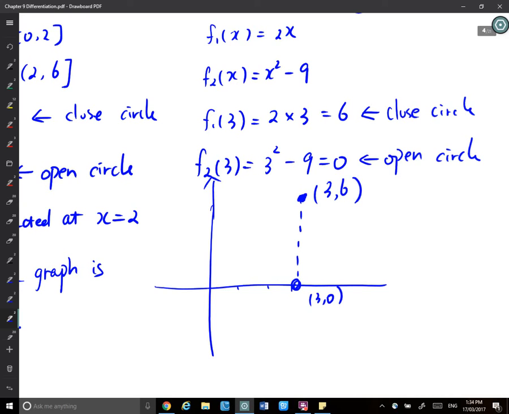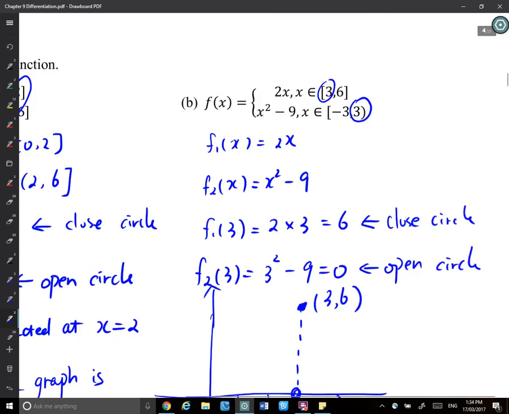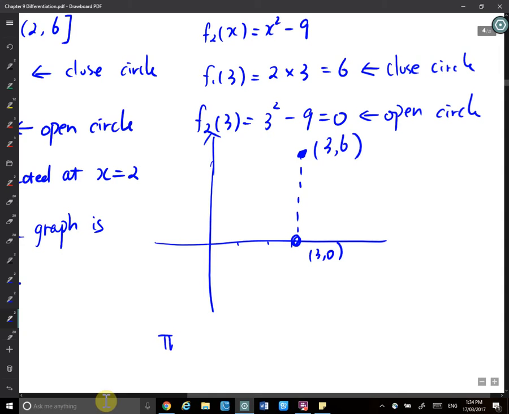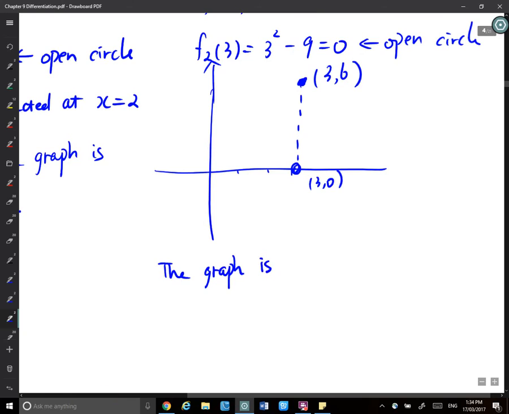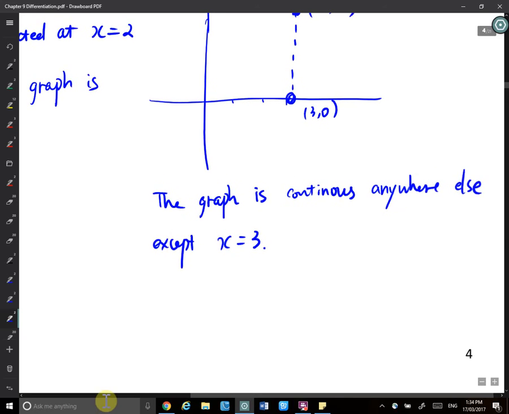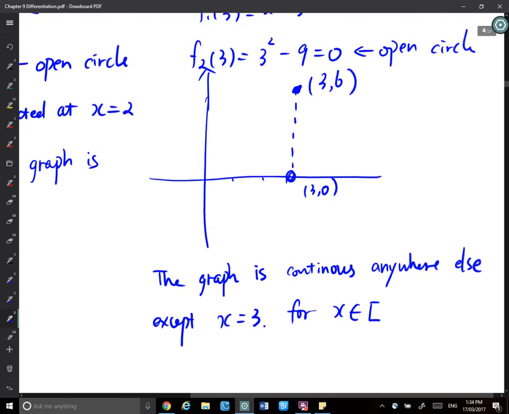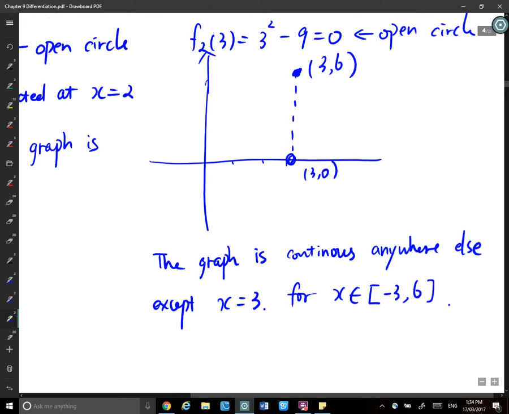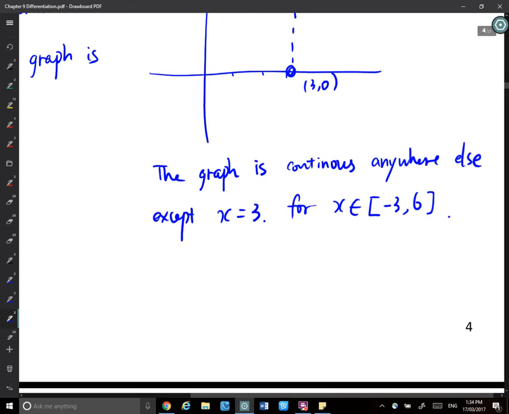I don't care what the graph looks like later, but there's a jump. So you say the graph, for x belonging to the domain from -3 to 6, is continuous everywhere else except at x equals 3.